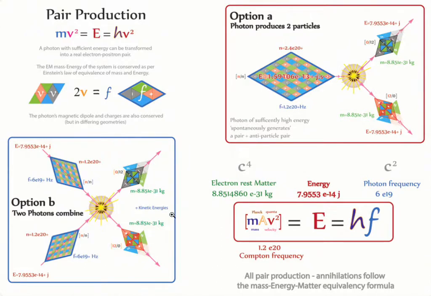If you add up the mass matter and the mass energies of the EM waves, you'll balance out with the original incident EM waves of photons. And again, matter is non-conservative, but mass energy and charge is conservative.